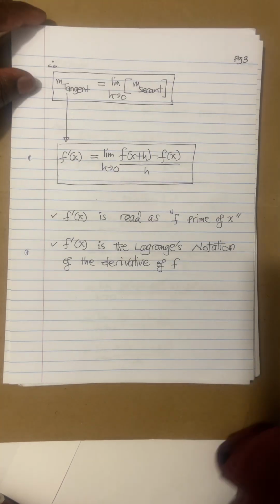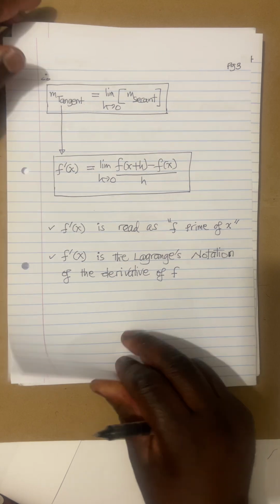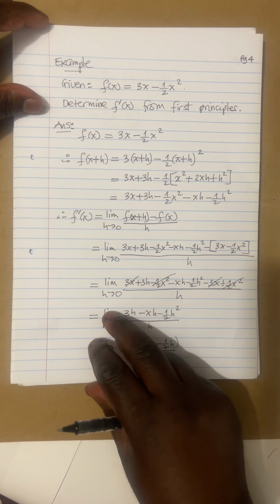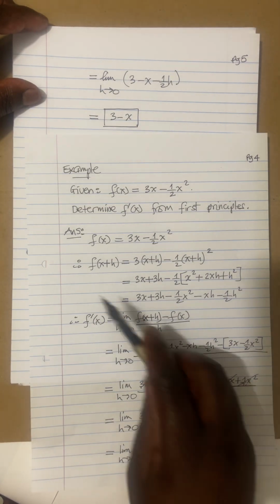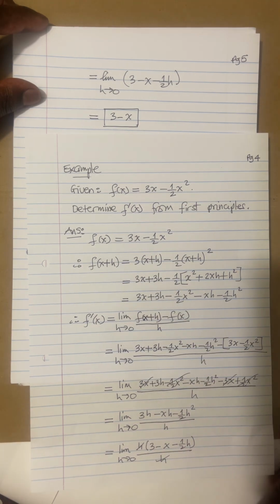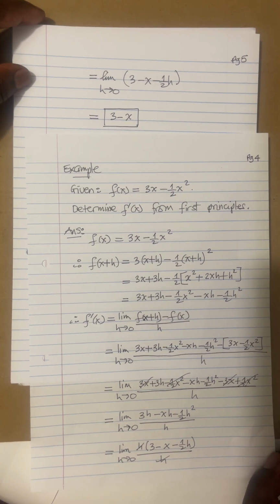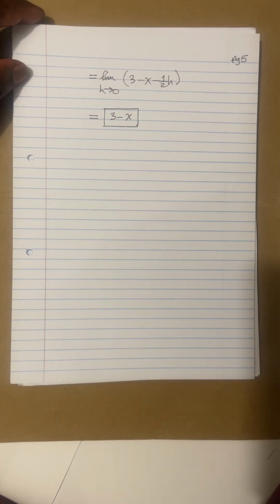So then we're basically saying that this expression here is the derivative of 3x minus half x squared, of course, derivative with respect to x. That's the only variable we have here. So that would be how you determine the gradient of a tangent to a curve by using first principles.